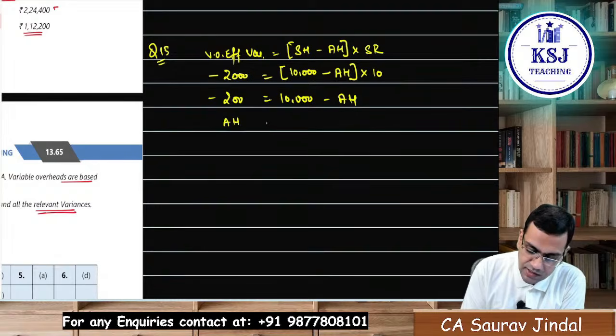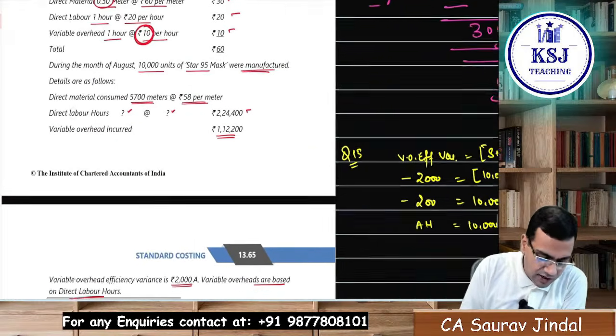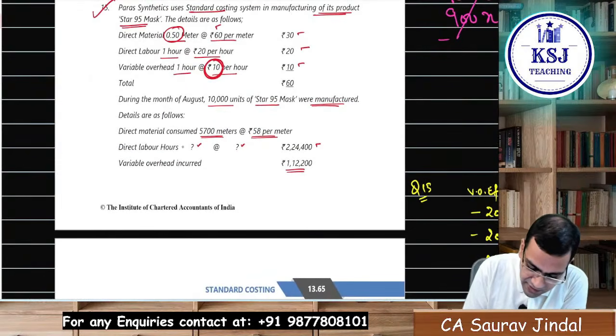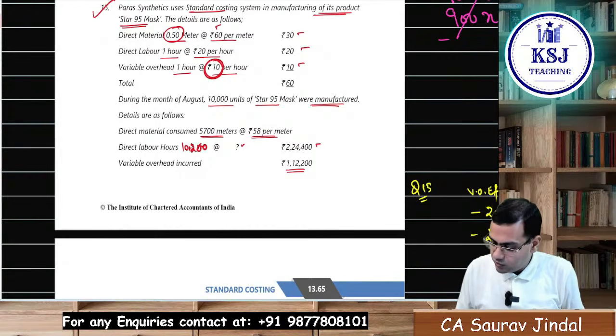So actual hours is 10,000 plus 200, that is 10,200. So one of the missing figures we have calculated, that actual hours is 10,200. So what will be the actual rate? 2,24,400 divided by 10,200.